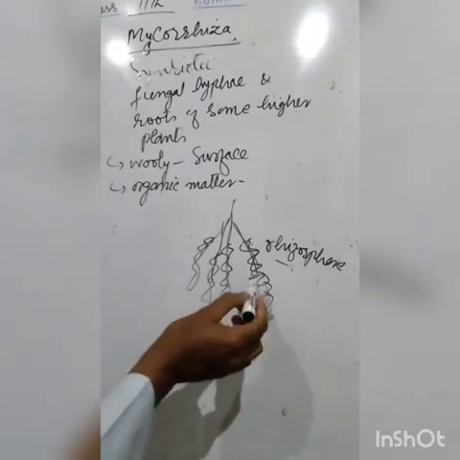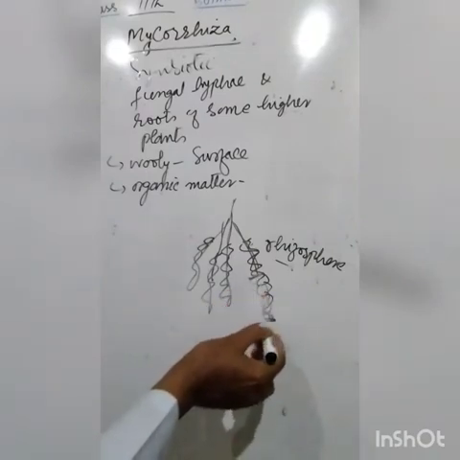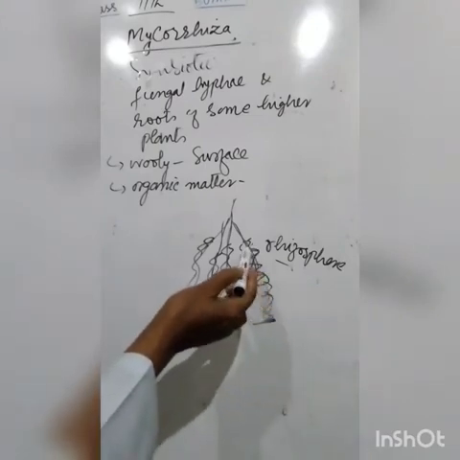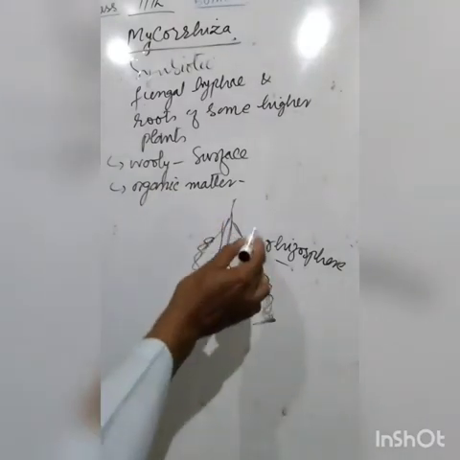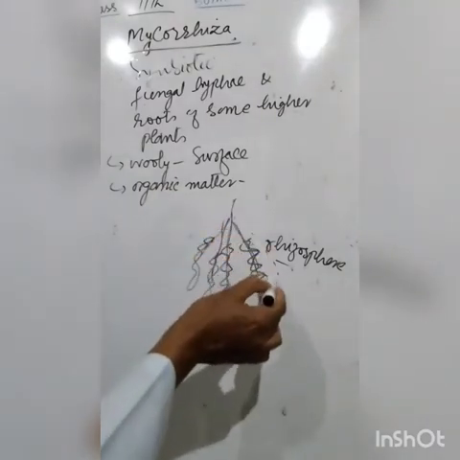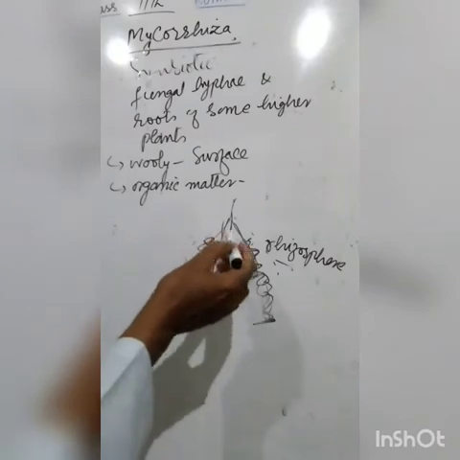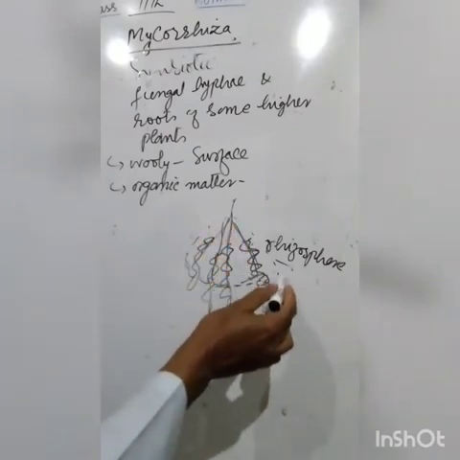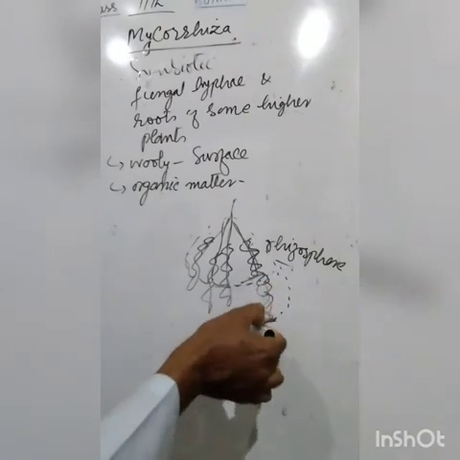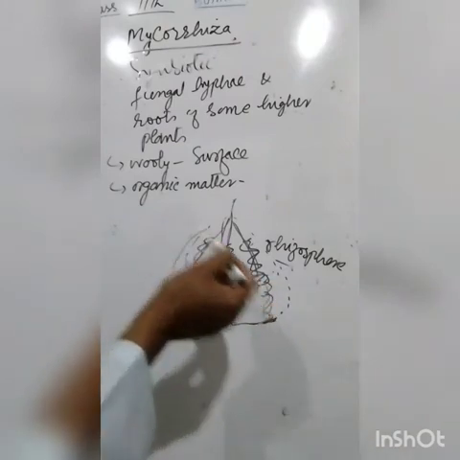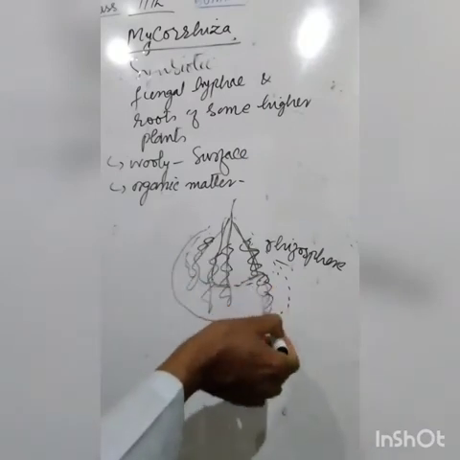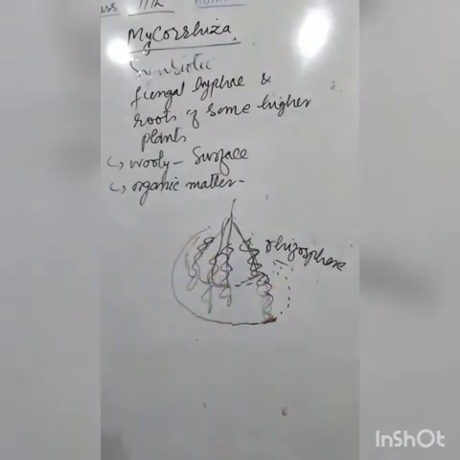And the minerals and water from this level to this level are first absorbed by fungi and then transported to the root. So this space covered by the root is called the rhizosphere, and the plant can absorb nutrients and water from this space also. This is said to be the increase in the rhizosphere.